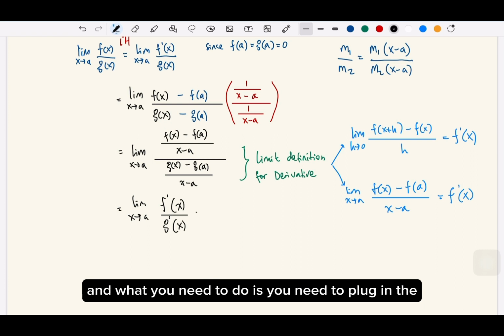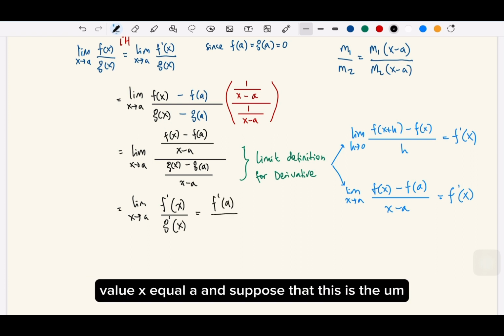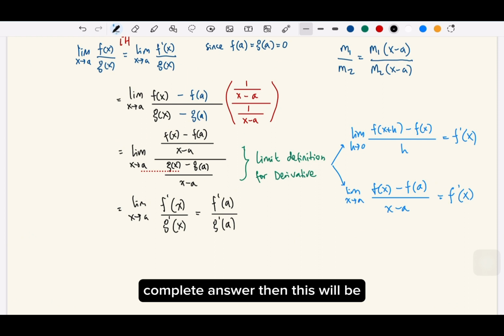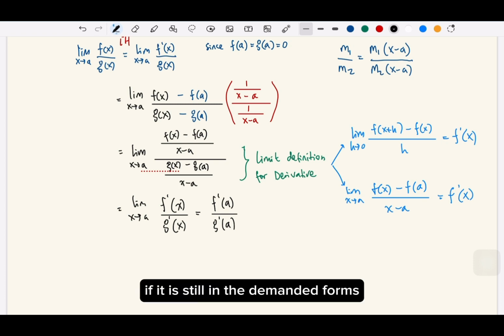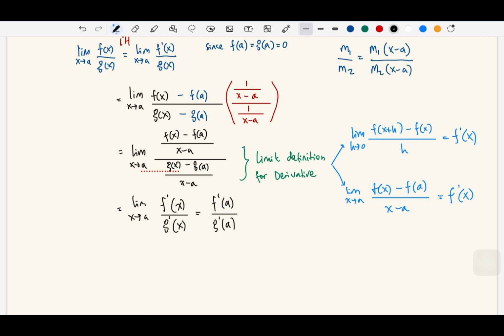What you need to do is plug in the value x equals a, and suppose that this is the complete answer, then it will have some value. If it is still an indeterminate form, you can do another L'Hopital rule.